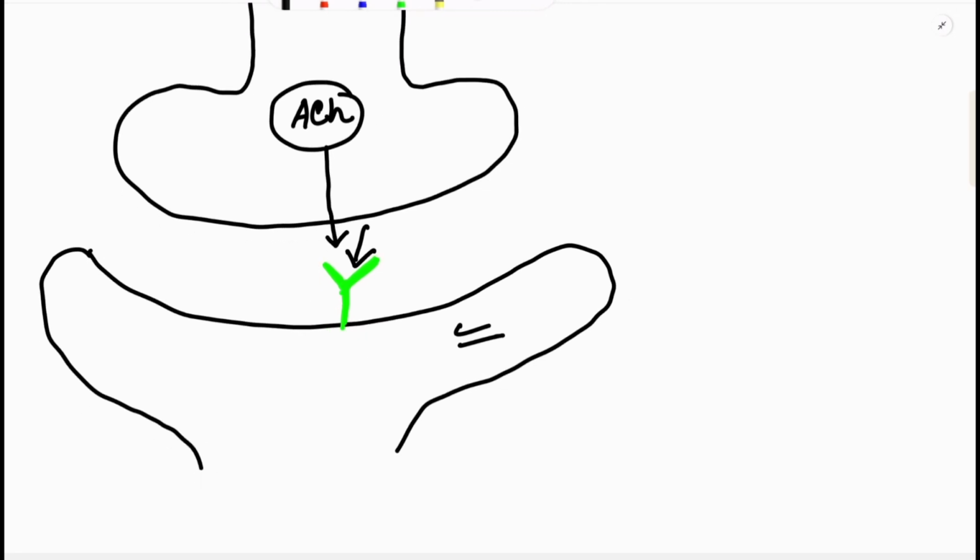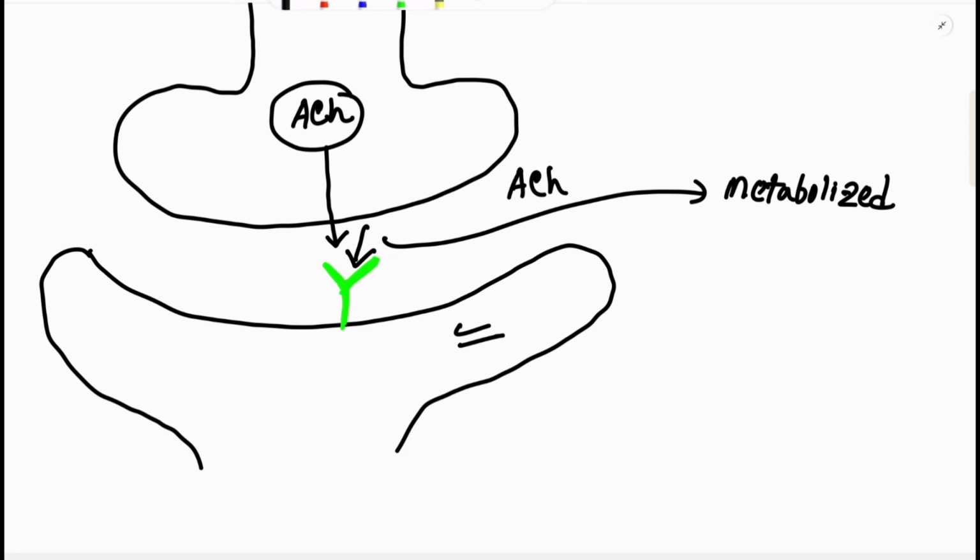So acetylcholine, after doing its job, gets metabolized, and the enzyme which helps in the metabolism of acetylcholine is called acetylcholine esterase enzyme.